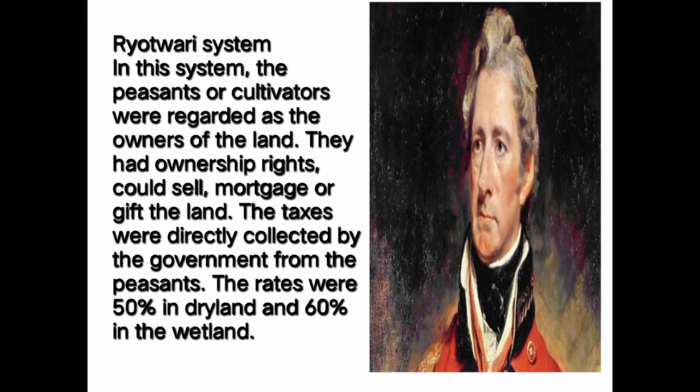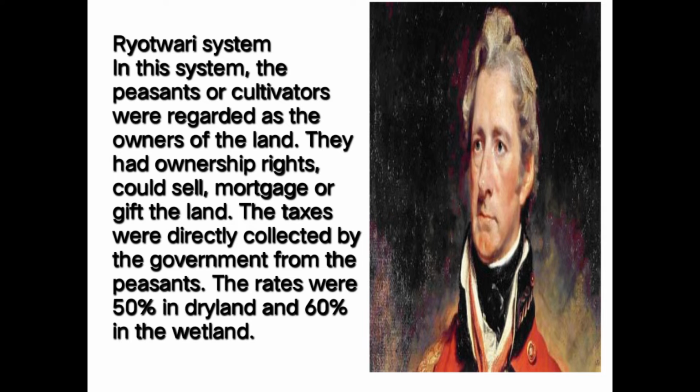The next type of revenue system which was introduced was by Lord Thomas Munro. The Ryotwari system. In this system, the peasants or the cultivators were regarded as the owners of the land.